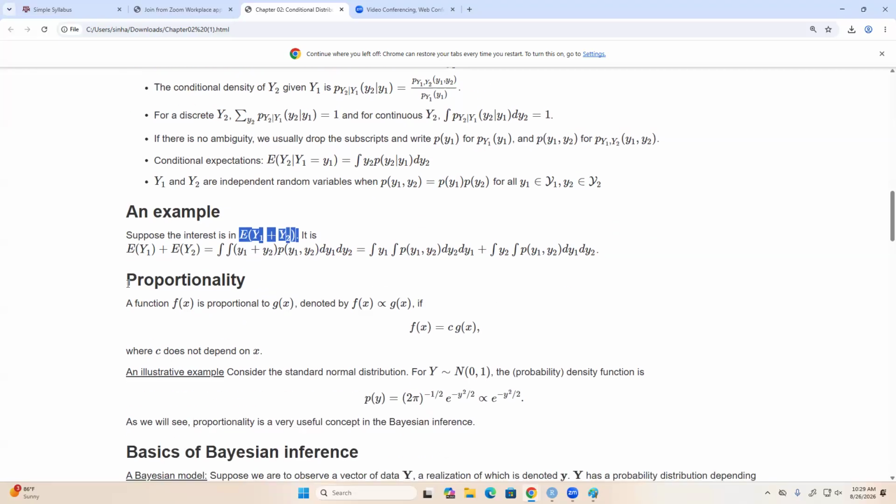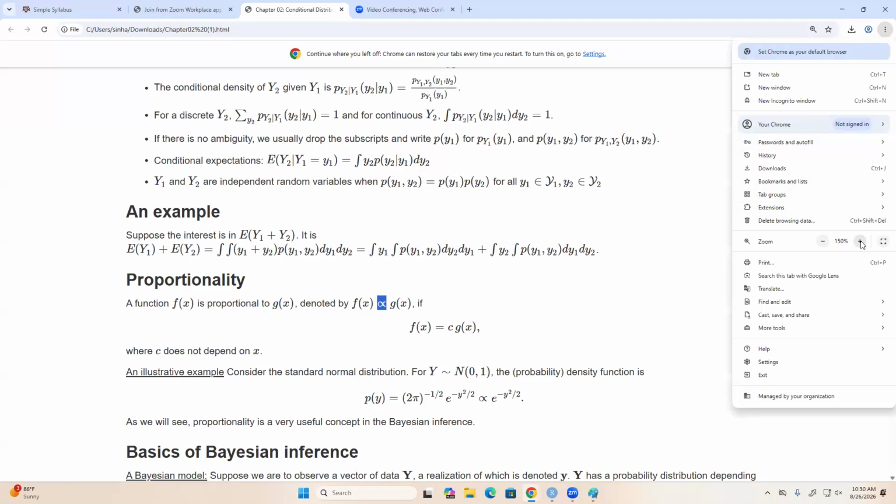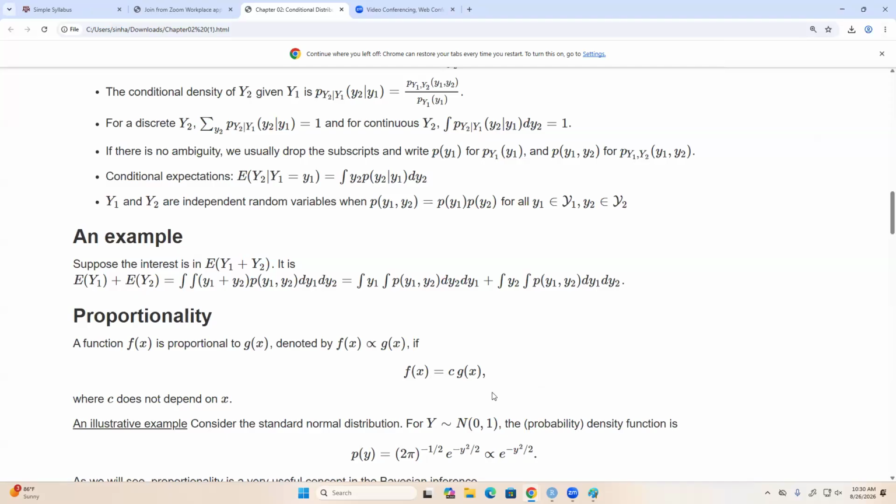Another concept we use very often is proportionality. A function f(x) is proportional to g(x), denoted by f(x) ∝ g(x), if we can write f(x) as a constant c times g(x).